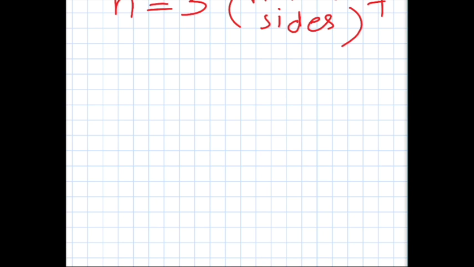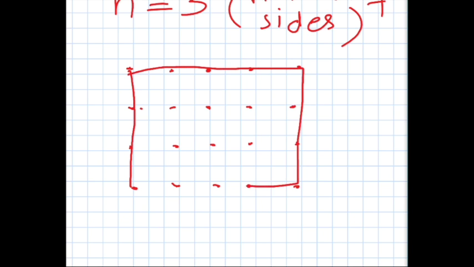So let's say we have a rectangle like this. Now I'm drawing it 5 columns and 4 rows, but this is valid for any dimensions. So let's say this is my W and this is my H.